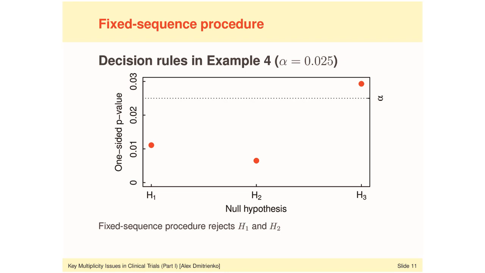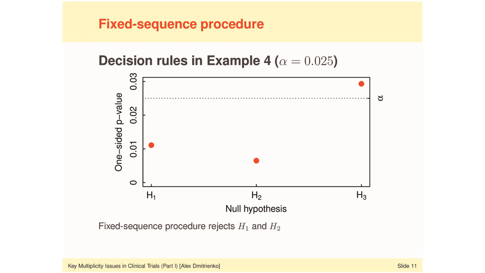when we begin applying the fixed sequence procedure in a sequentially rejective fashion, we can see immediately that the first p-value in the sequence, p1, is significant at the alpha level, and here we're using again a one-sided alpha of 0.025. Therefore, H1 is rejected. The fixed sequence procedure then proceeds to the next hypothesis in the sequence, which is H2.